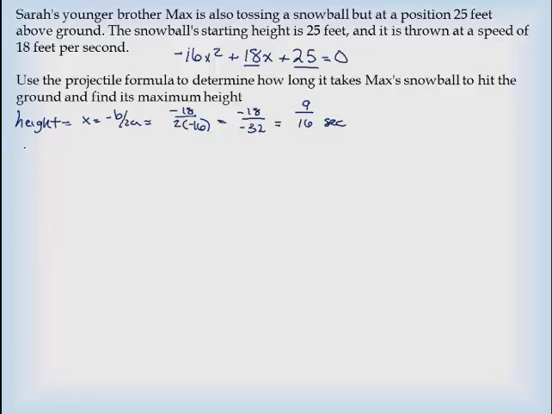So to find the height, I take the y value, and I need to plug in negative 16 times 9/16 squared plus 18 times 9/16 plus 25. So I need to square my 9/16, which means I'm squaring my 9 and I'm squaring my 16, which is going to give me 81 over 256.